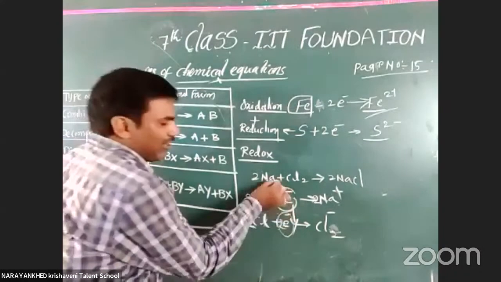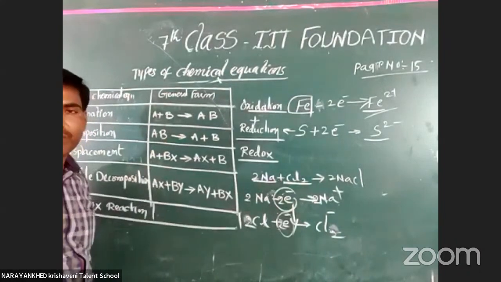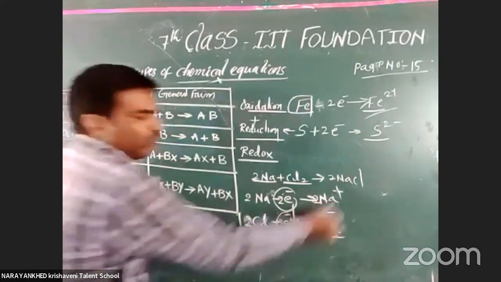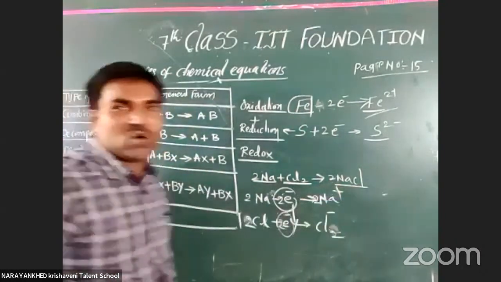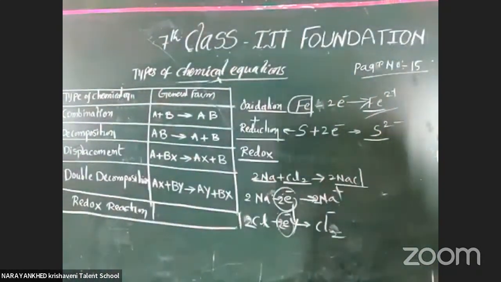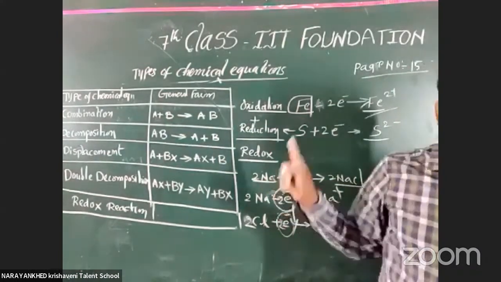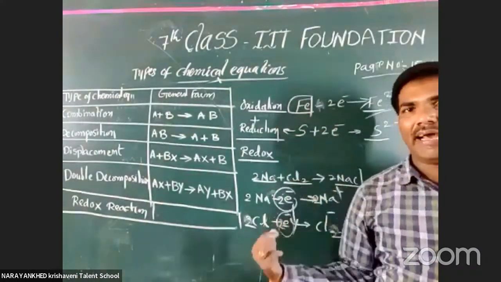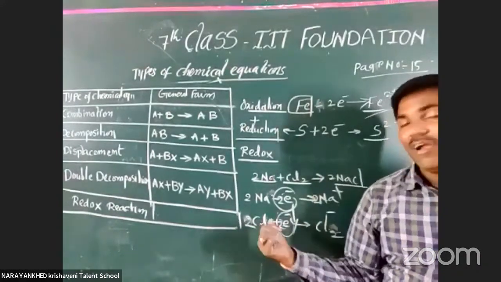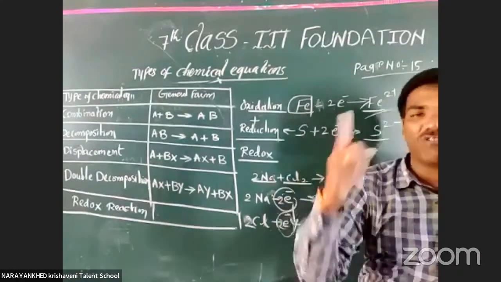Now the sodium will undergo oxidation, and the chlorine will undergo reduction. Understand all of you? And it is formed as one substance. This is called a redox reaction. Here, the sodium loses one electron, and the chlorine gains one electron from one sodium atom.